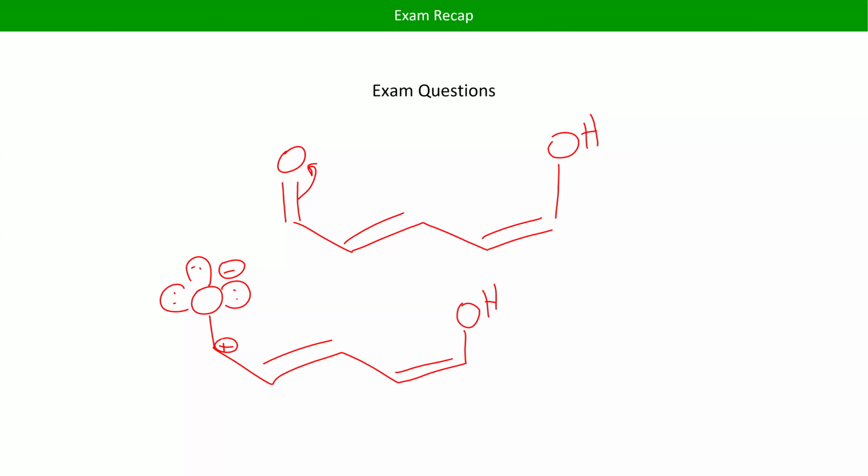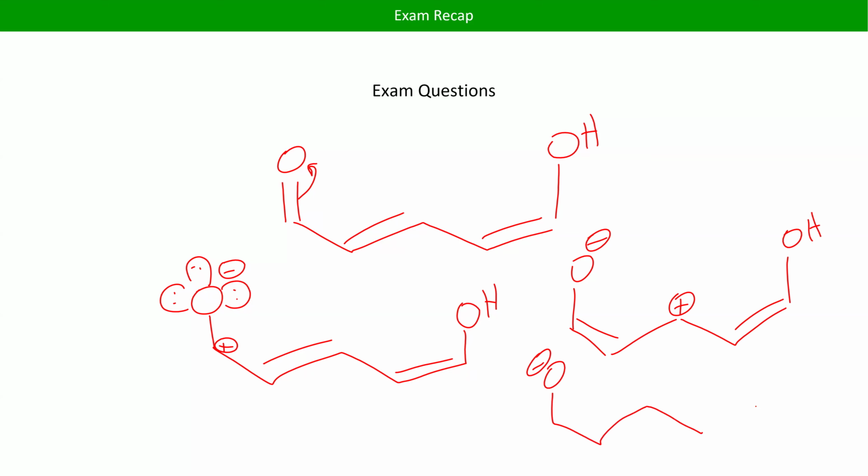Then for the other ones, leave this alone and move electrons towards the positive charge. There's that one, and there's that one, and then the last example is when you have one of the lone pairs on this oxygen moved down.